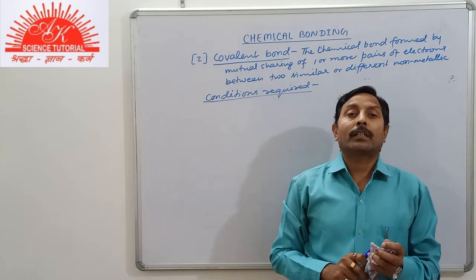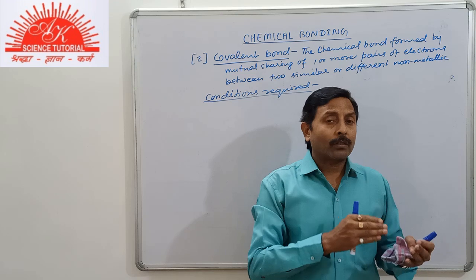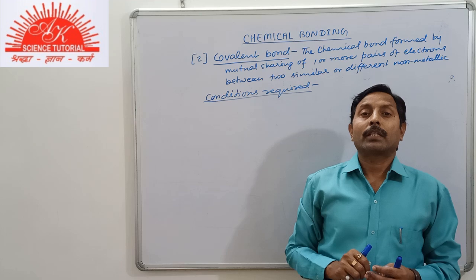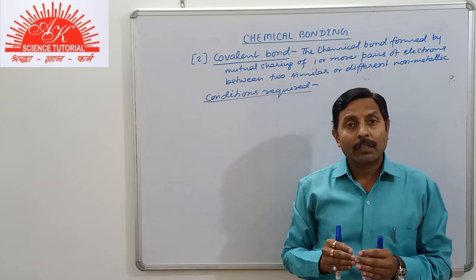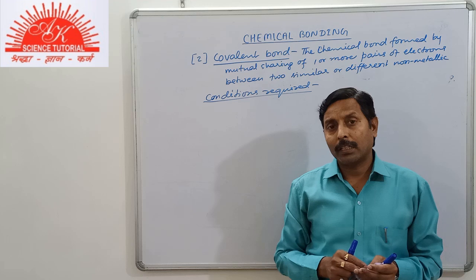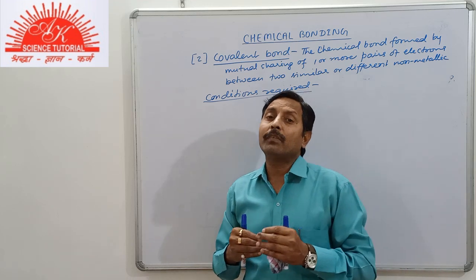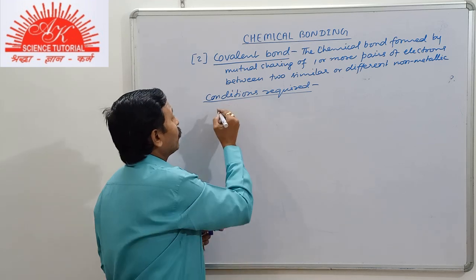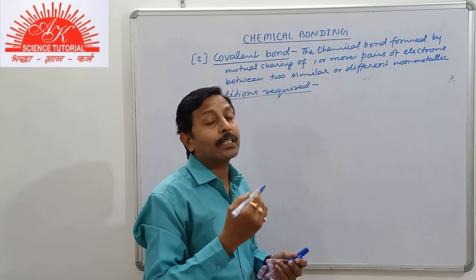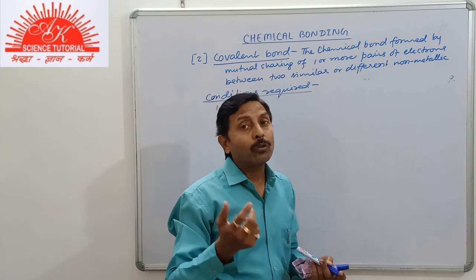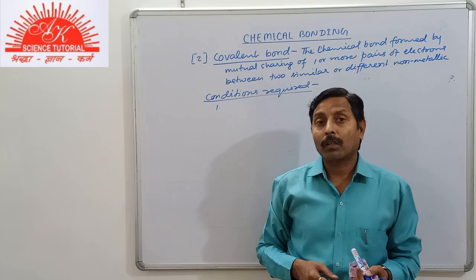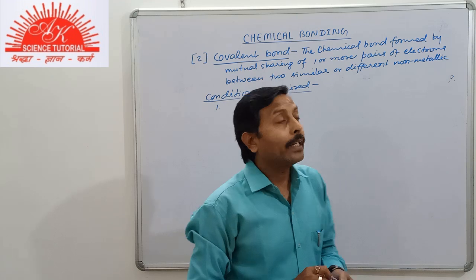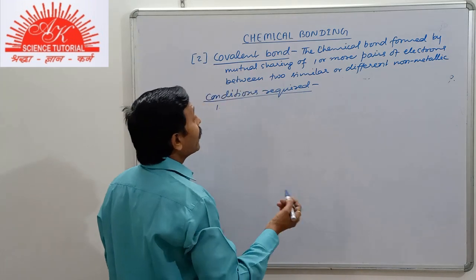The first point: in the ionic bond, we studied the terms ionization potential, electron affinity, and electronegativity. These three terms will be used here also. If an atom has high ionization potential, then a large amount of energy will be required to remove the electron. It will be difficult, which is the characteristic of non-metals. So it will tend to share electrons.